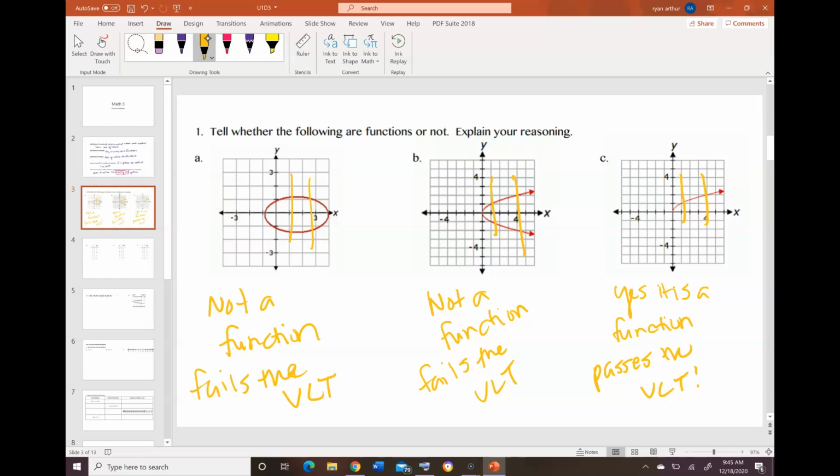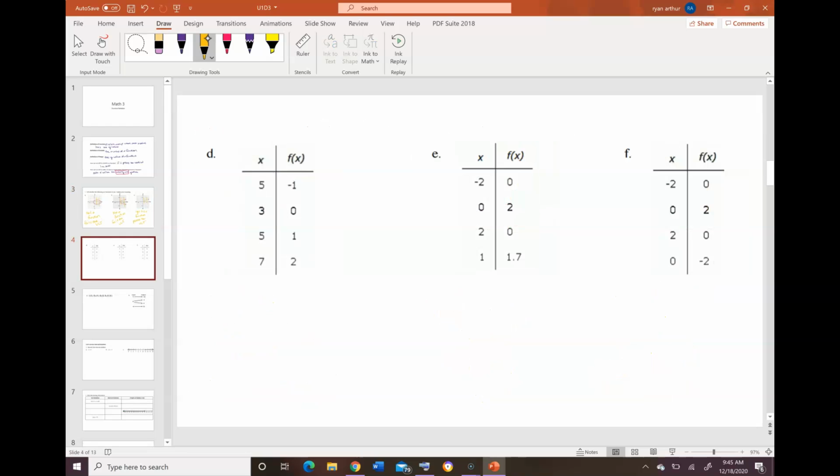Now let's look at some tables of values. For a table of values, there can only be one y value, so when looking at a table of values, your x values cannot repeat.